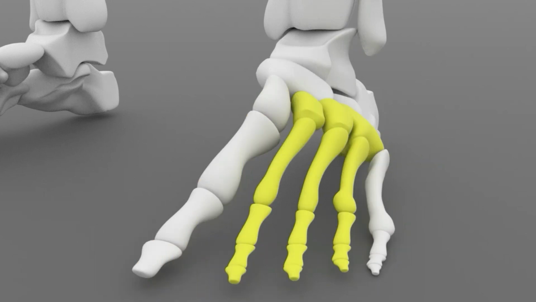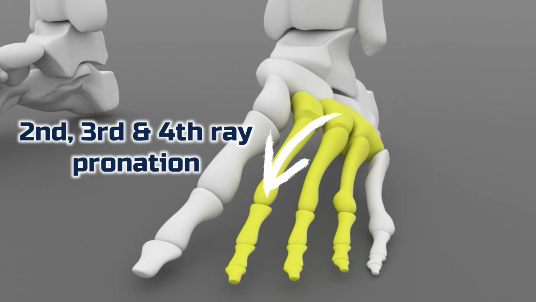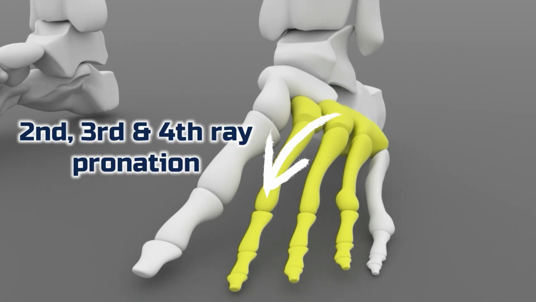In addition to the first and fifth ray compensations, the second, third, and fourth rays now have to pronate to assist in keeping the medial border of the foot flat on the floor, since oversupination can result in elevation of the medial arch and the toes coming off the floor.